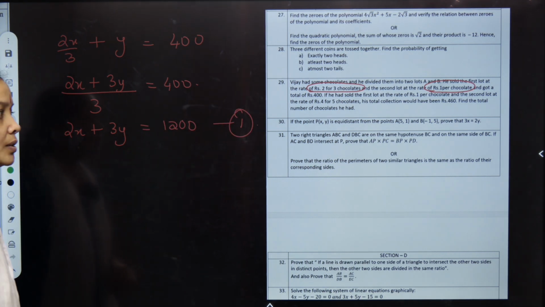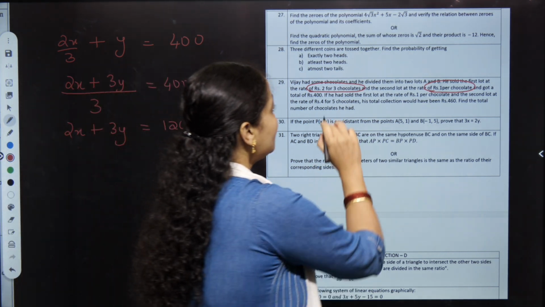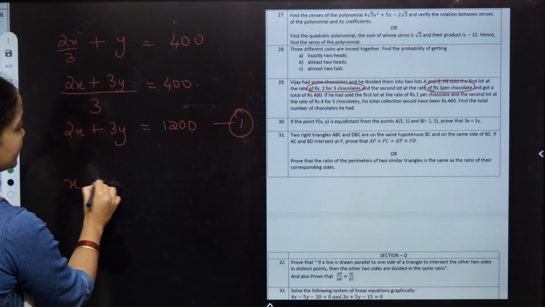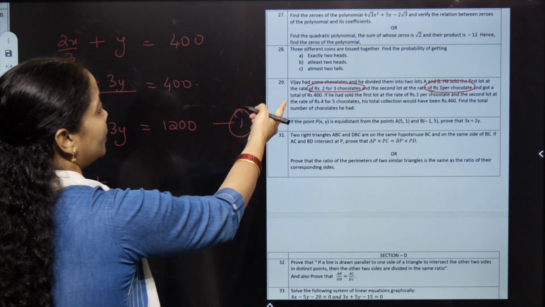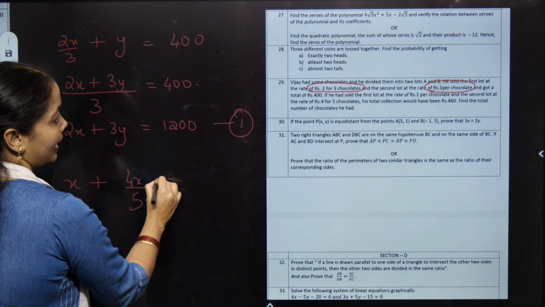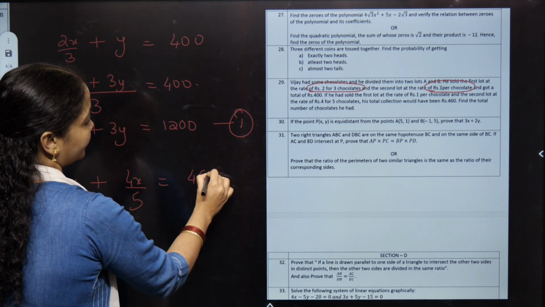In the second part of the question, they are telling us about selling the first lot for ₹1 per chocolate. So I will take x plus the second lot at rupees 4 for 5 chocolates, 4y by 5, and I am getting 460.